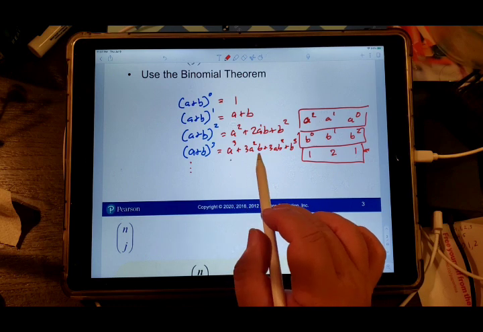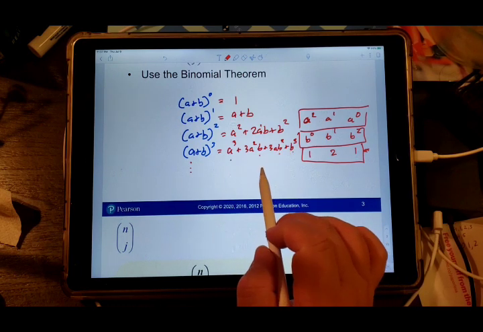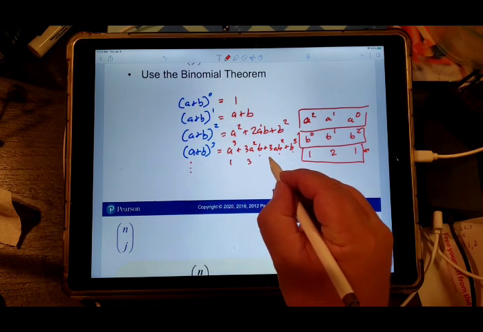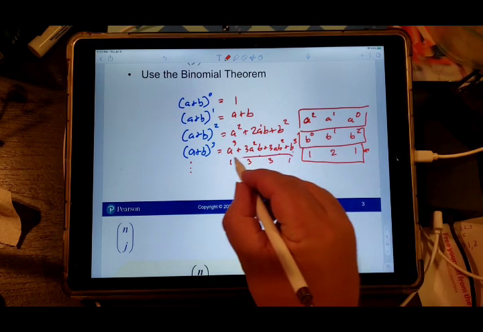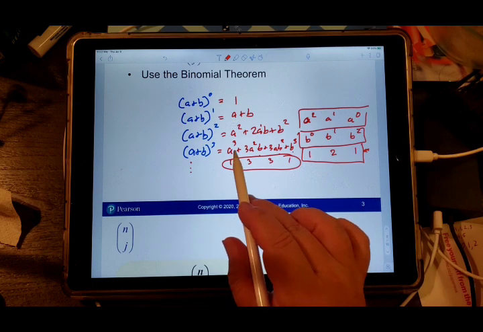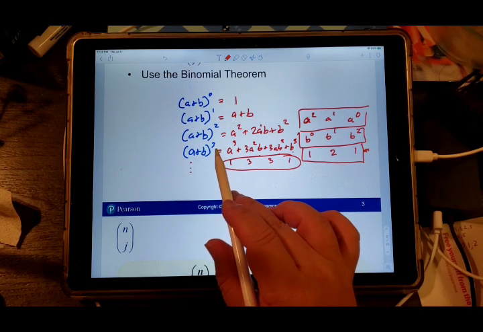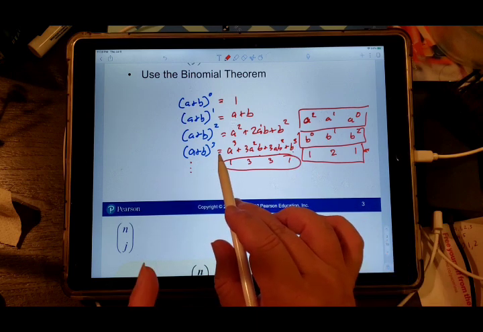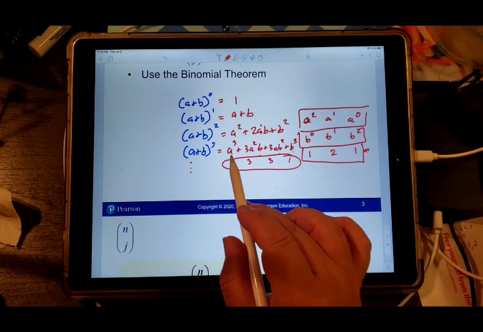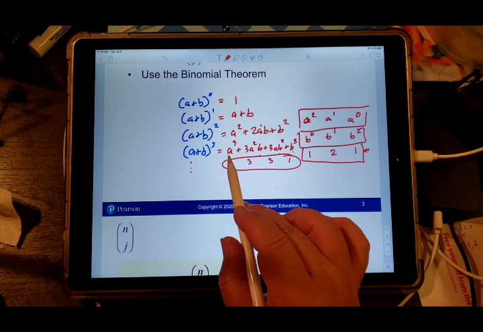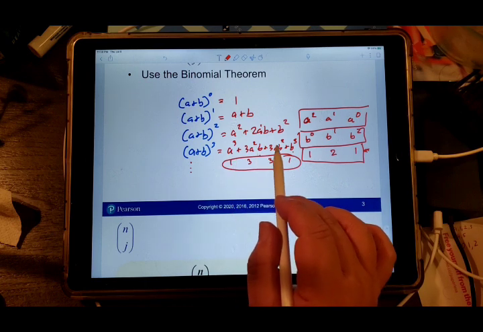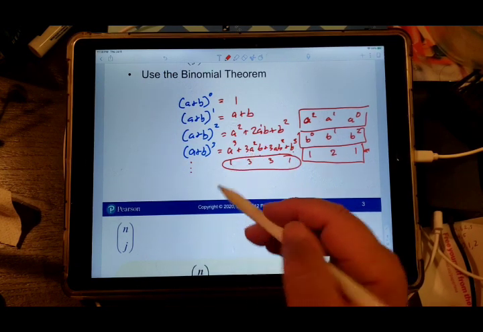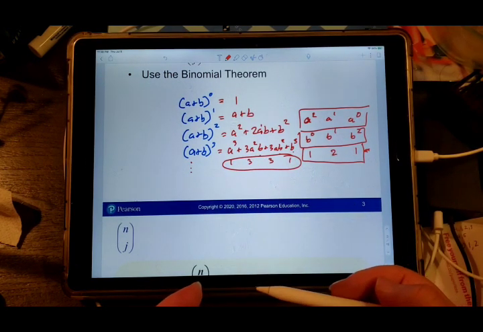Well, there's 0 of them, there's 1 of them, there's 2, there's 3. And then the coefficients are 1, 3, 3, 1. A starting at 3 and decreasing to 0 is a pretty easy pattern to remember. B, starting with 0 b's in the first term, 1 in the second, 2 in the third, 3 in the fourth, is a pretty easy pattern.